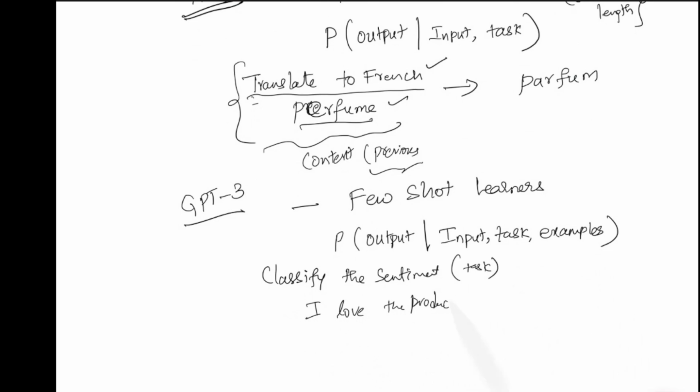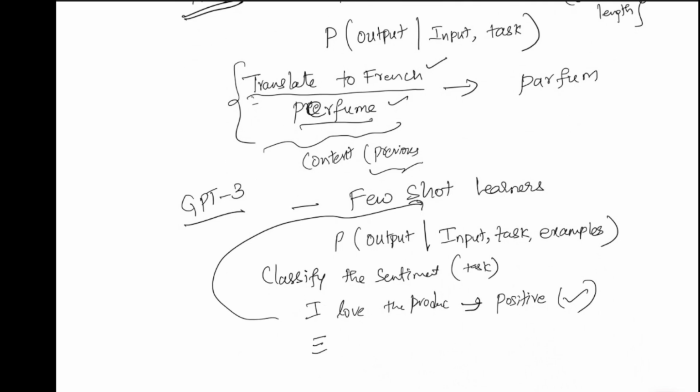Obviously the sentiment associated with this is positive, and this is the example that we are giving. Like this, we can give a few more examples, which is what we call few-shot examples or few-shot learners.